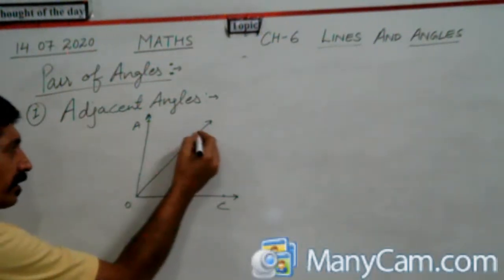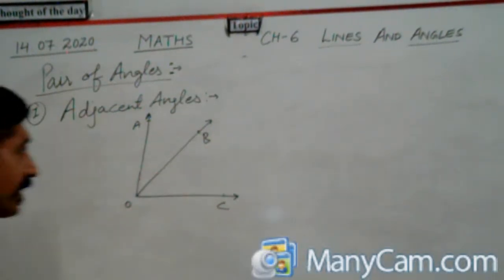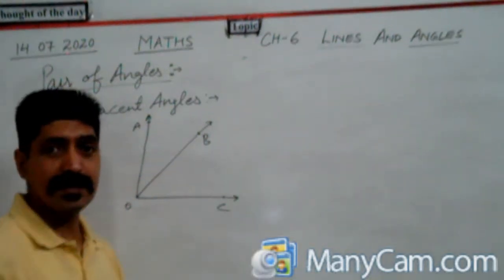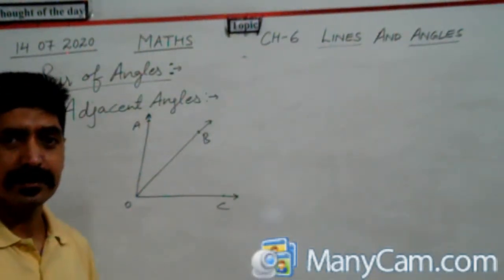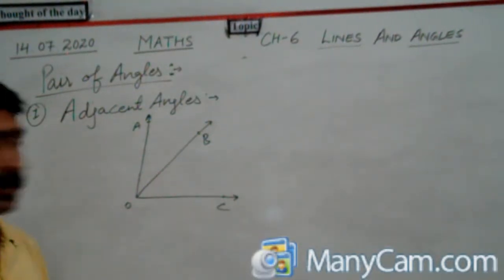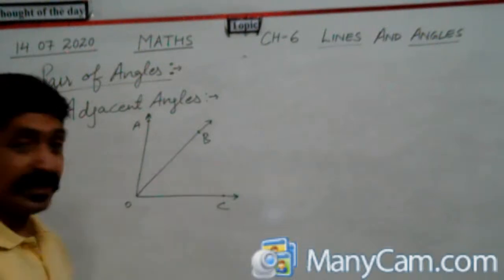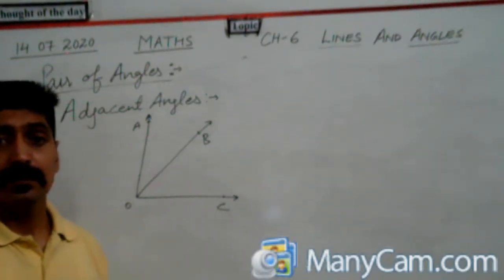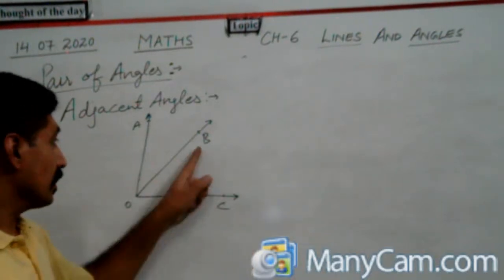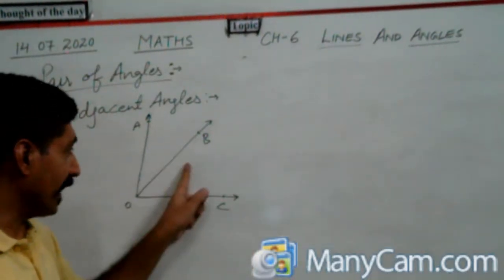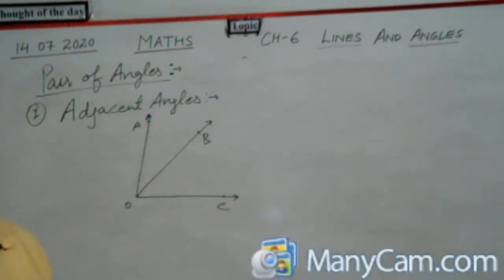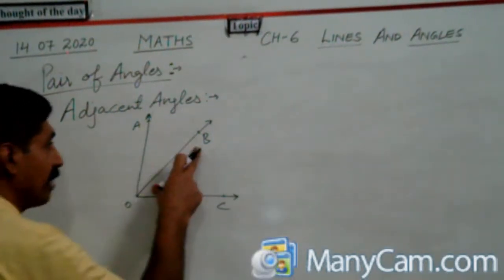So here the ray OB, or the arm OB, is the common arm, right? So here both these angles are adjacent to one another. We can say that the one arm of both the angles lies in between these two angles, right? So here OB is the common arm.